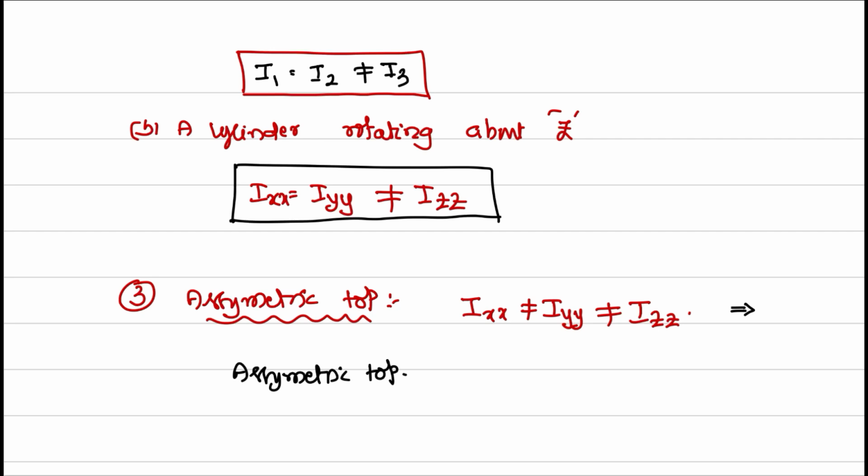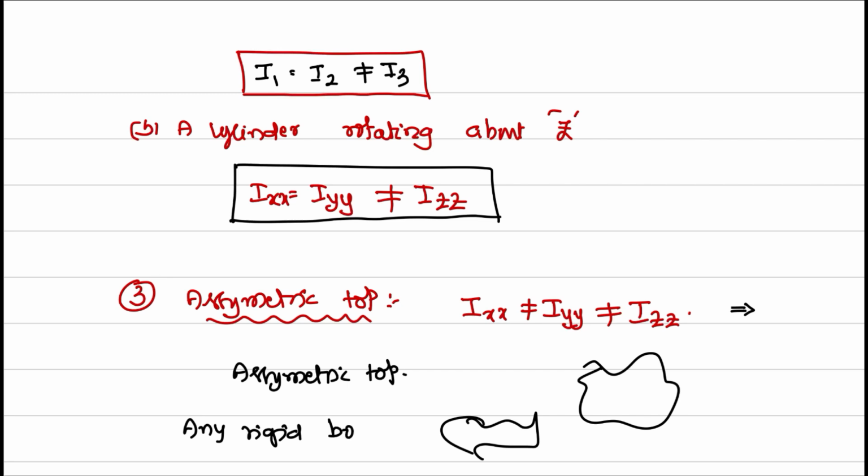Any rigid body like a rock, any shape, comes under the definition of asymmetric top. If Ixx is equal to Iyy and not equal to Izz, it is a symmetric top.